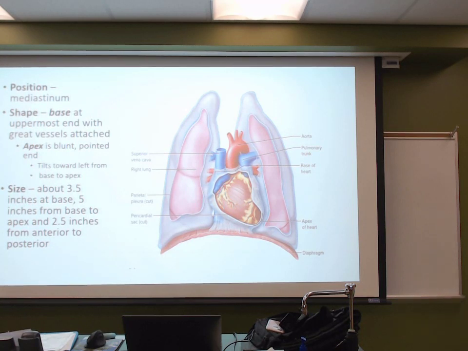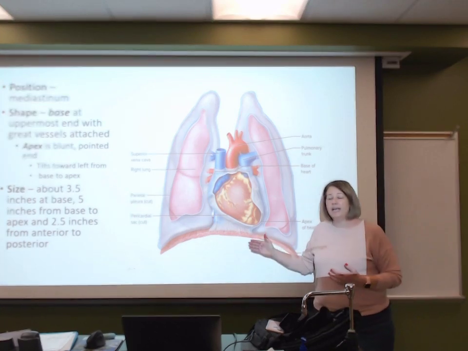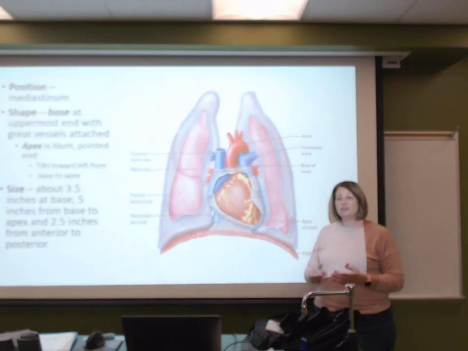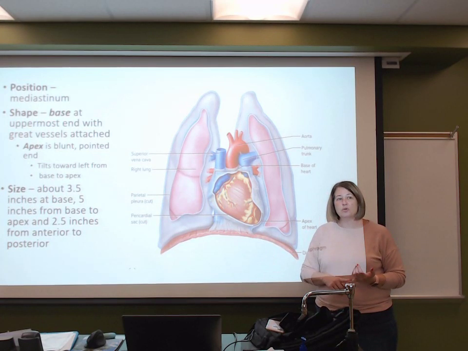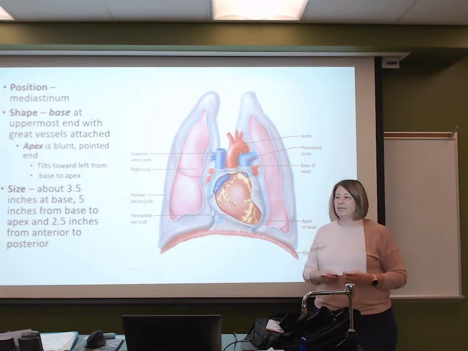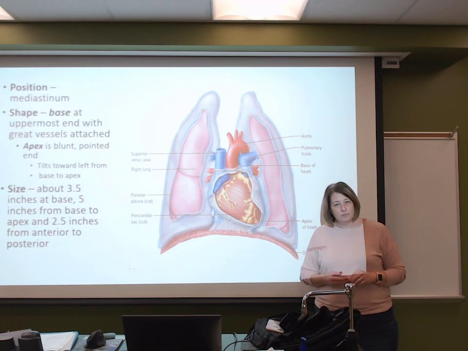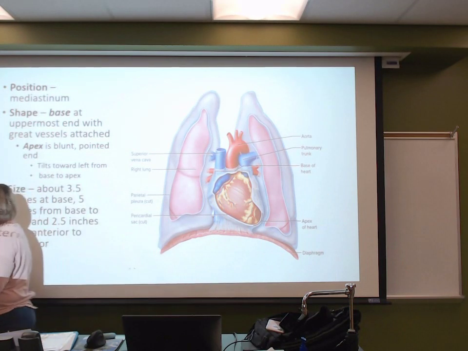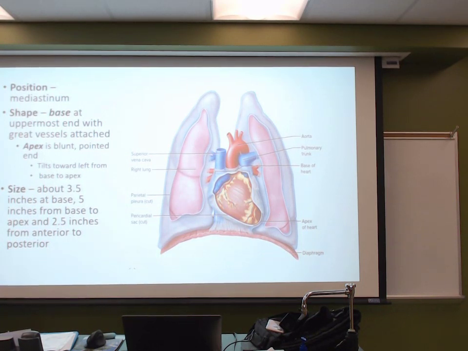Under normal conditions, having these connective tissue wrappings around each organ allows them to expand and recoil without having to feel it every time it happens. It reduces the friction. So the heart is located within the mediastinum, within the thoracic cavity. Does that make sense? All right.